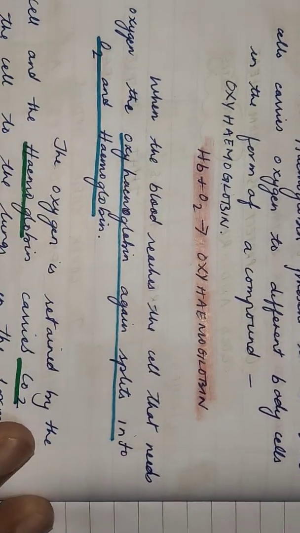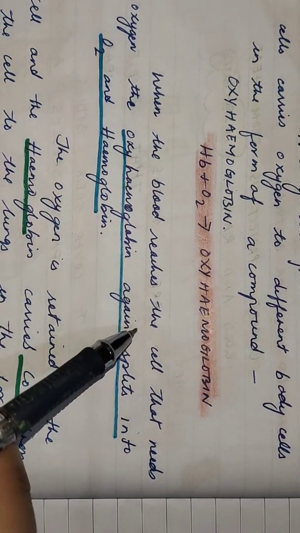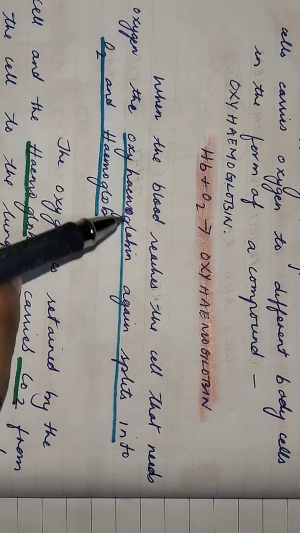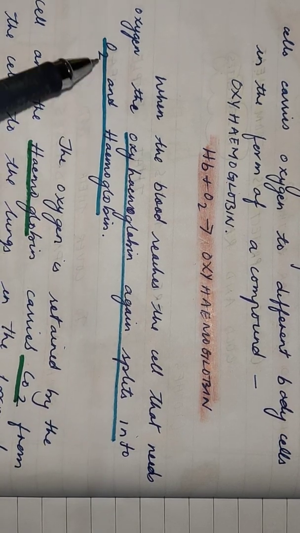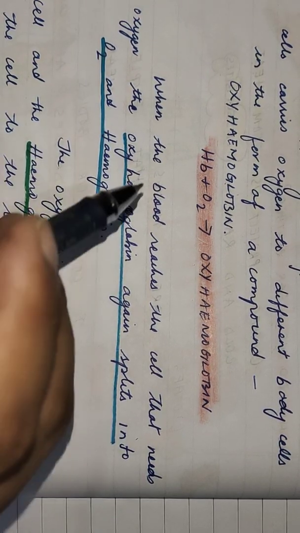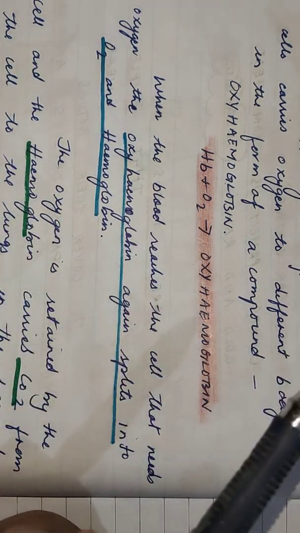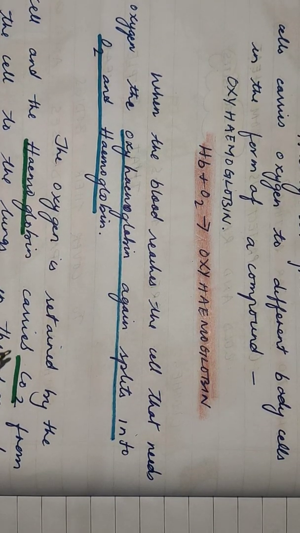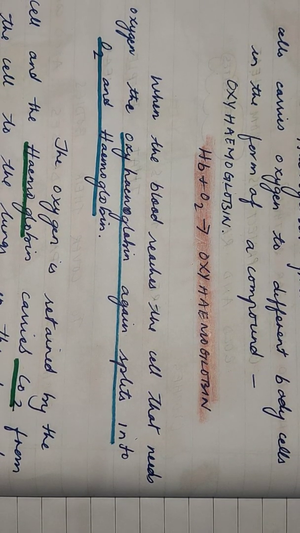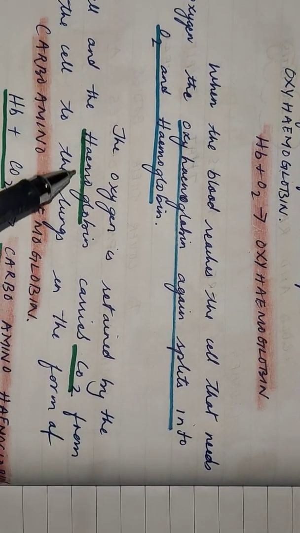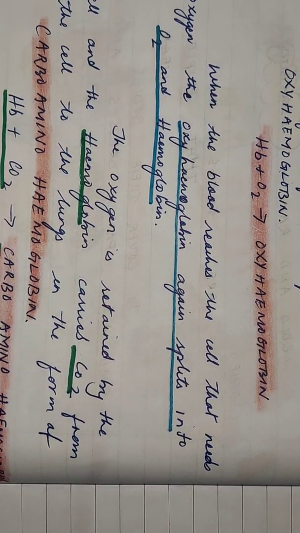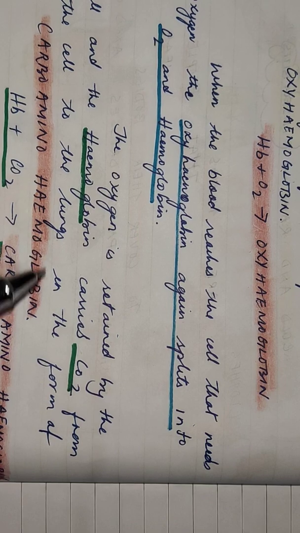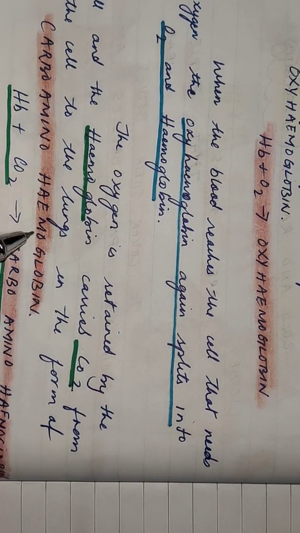When the blood reaches the cell that needs oxygen, the oxyhemoglobin again splits into oxygen and hemoglobin. The oxygen is retained by the cell, and the hemoglobin carries carbon dioxide from the cell to the lungs in the form of carboaminohemoglobin.